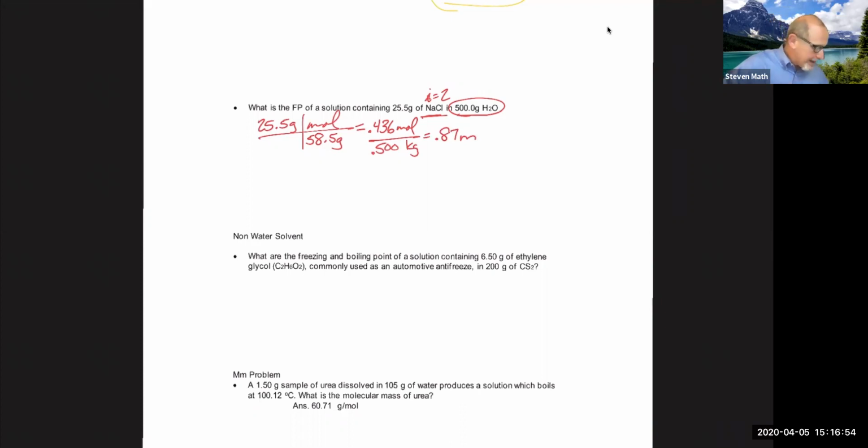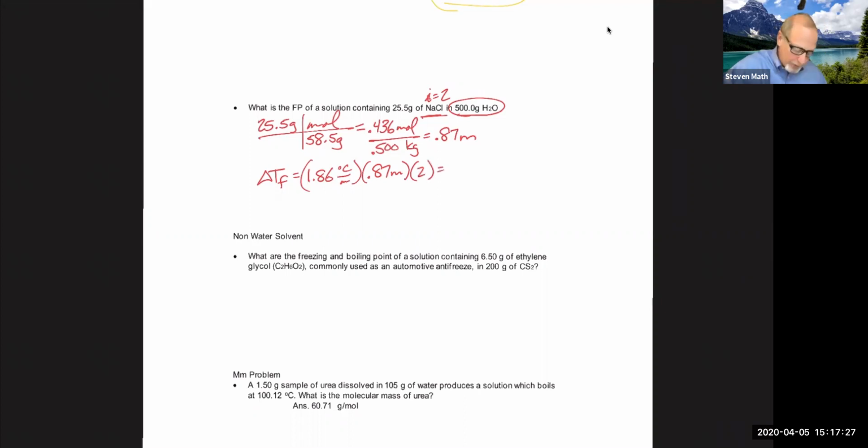All right. Now we've got to find freezing point. It's still in water, so I can use the Kf of water. So delta Tf is 1.86, excuse me, degrees Celsius per molal, times 0.87 molal, and now it's NaCl, 2 particles.